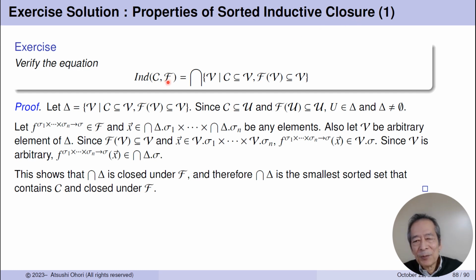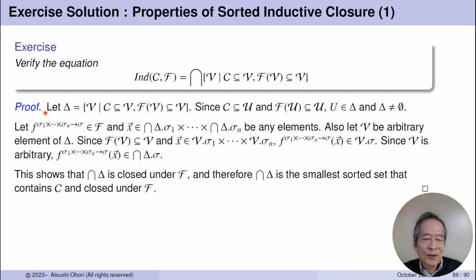So now this script set is a sorted set, and we claimed that this is defined to be the smallest set containing C and closed under F. These notions are generalized to sorted set, and then this big intersection is also the big intersection of sorted sets, right? And this proof can be just mechanically transformed from the conventional, standard definition of inductive closure to sorted inductive closure. Just mechanically transformed. So you can check this, right?